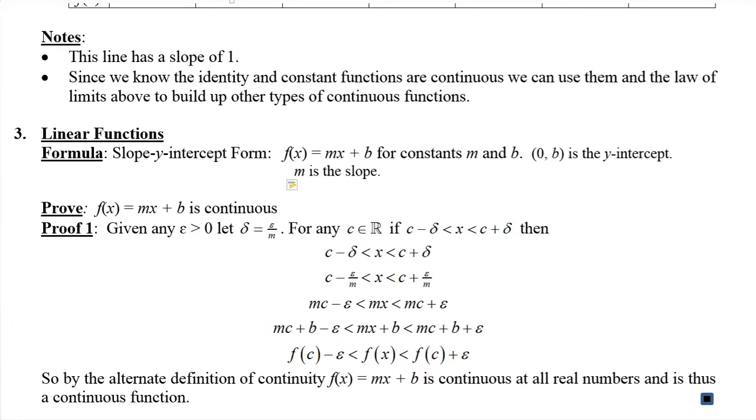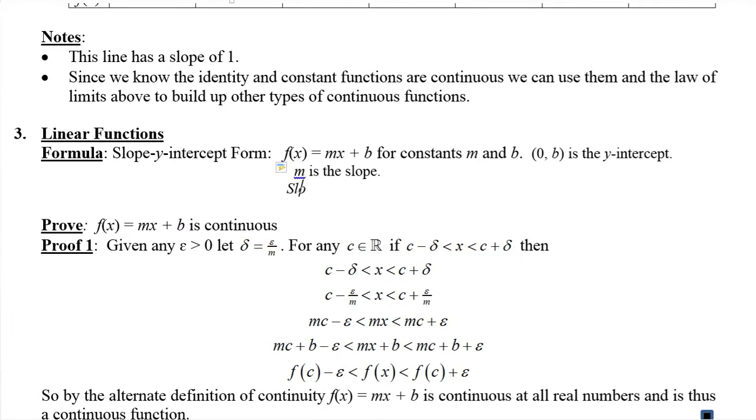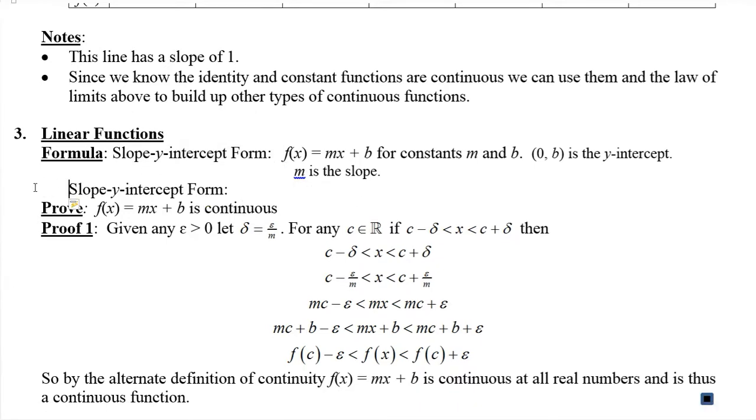We can also have a slope x-intercept form. Sometimes that's useful to look at. The slope x-intercept form is like this. It's a factored form.